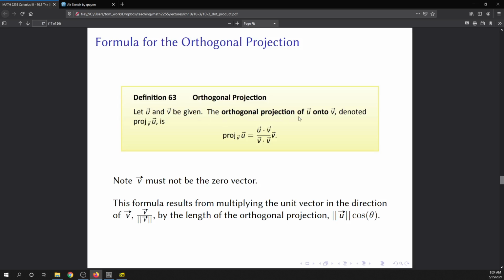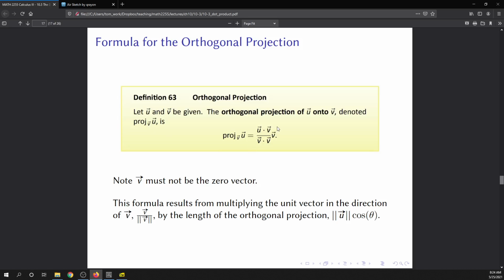The orthogonal projection of u onto v is denoted by this notation right here, and it's proj for projection. The vector that you're projecting onto is a subscript of this proj here, and the vector that you're projecting is u. So that's u onto v is how I like to think about it. Okay. So we're taking the projection of u onto v.